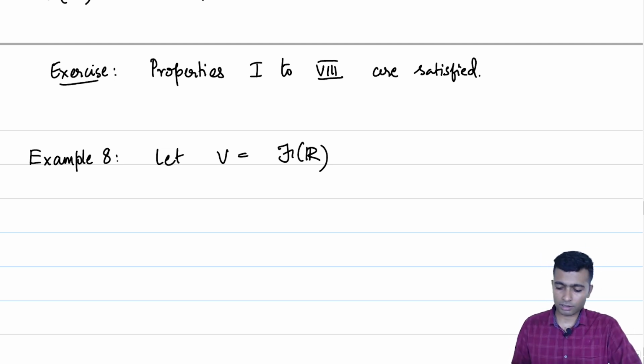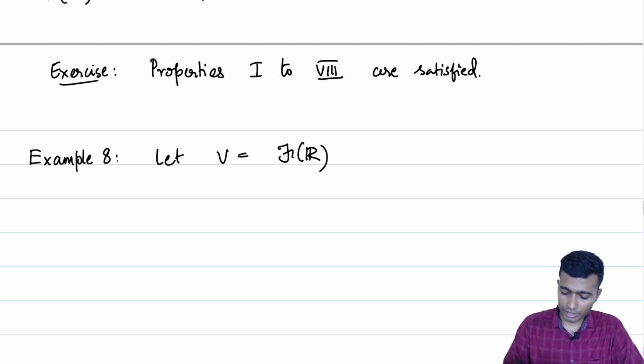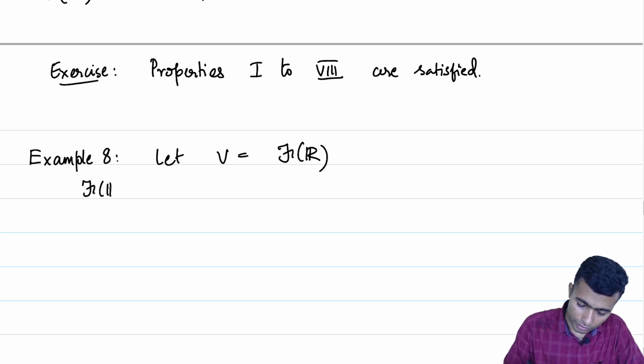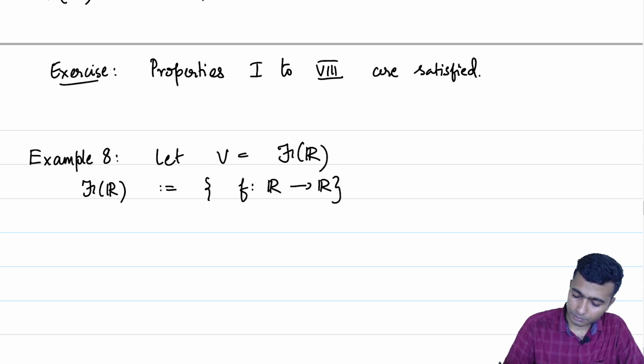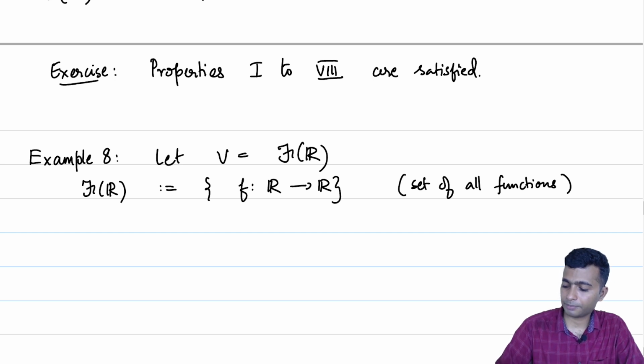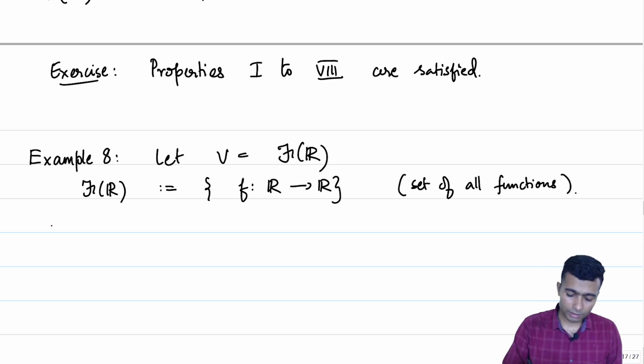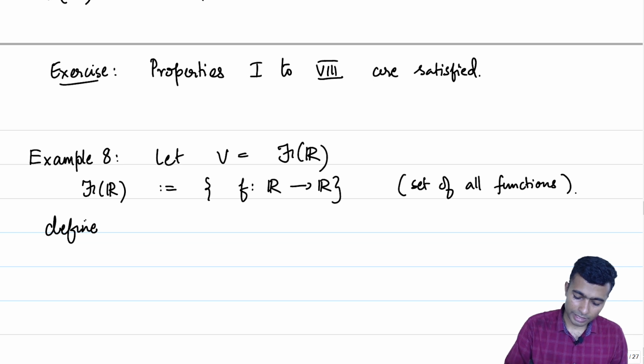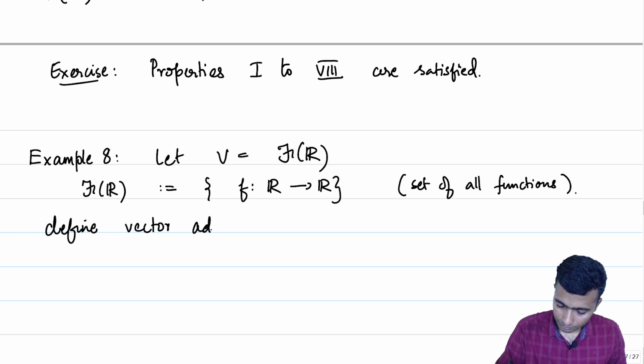These are all classical notations, and f of R is used to denote the set of all functions from R to R. Set of all functions from R to R, and define vector addition and scalar multiplication as in example 7, pointwise.